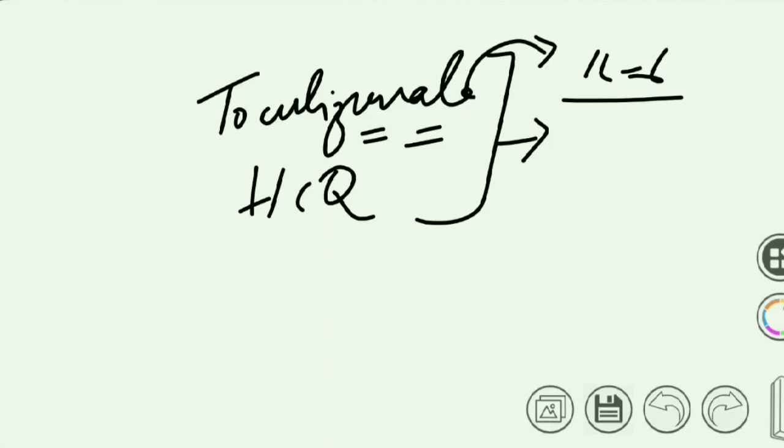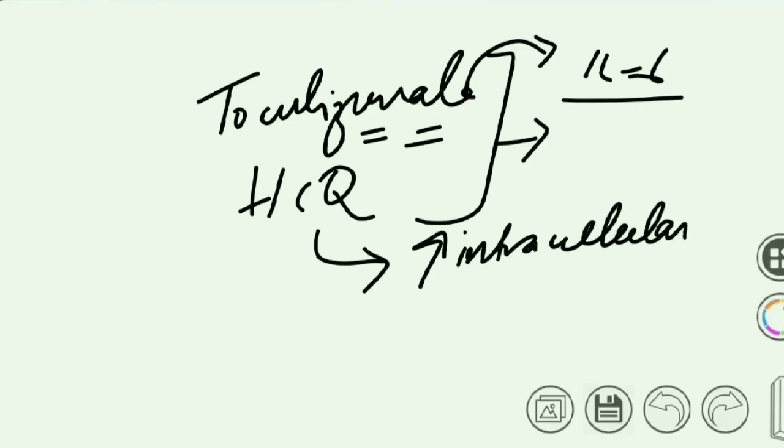Hydroxychloroquine is also given in severe cases, but you will have to think about its side effects. Only those patients who require it should be given. The mechanism is, it is going to increase your intracellular pH. So when it increases your intracellular pH, there will be no viral replication.